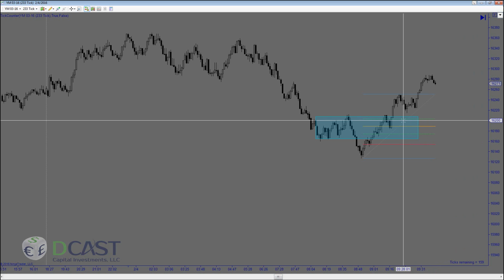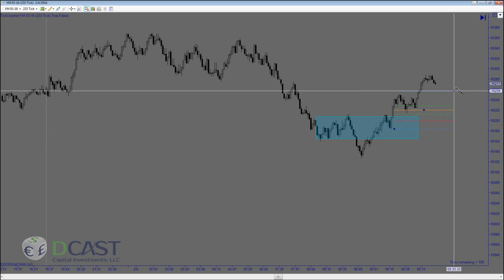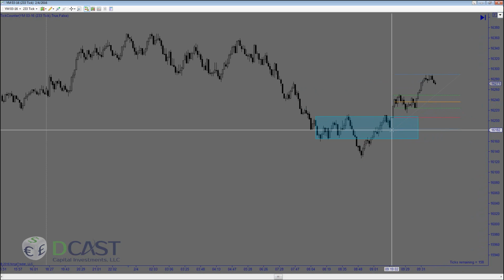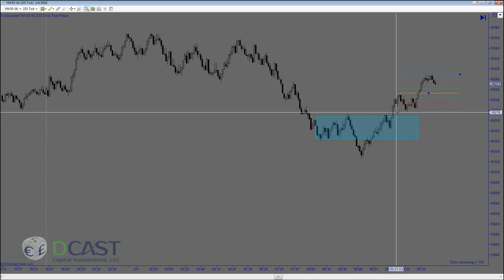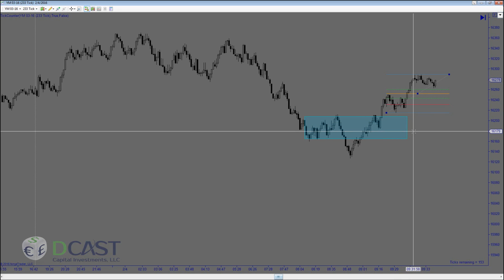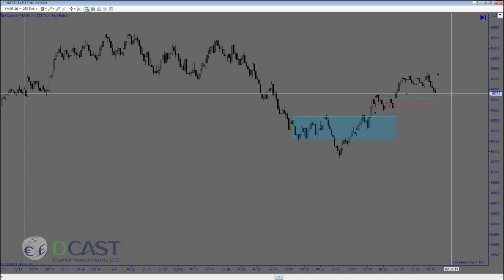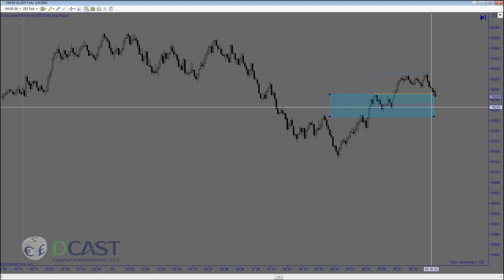Okay, so what do we do? Reassess. Delete here. Draw. Okay, price is not really getting back, so now we're starting to see some of that structure area that we're interested in here.